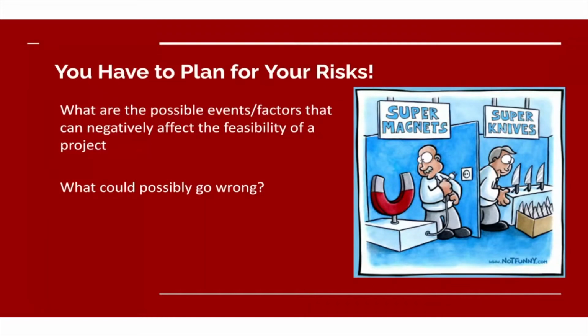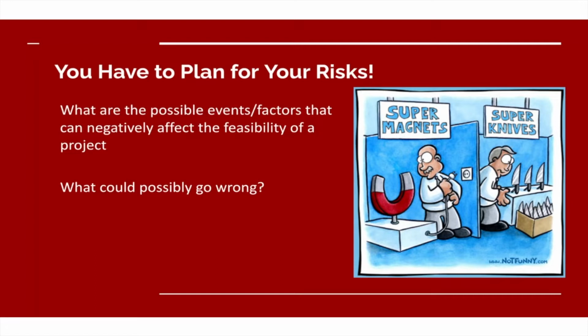So fundamentally, the takeaway from all that is you really need a plan to deal with the risks. If you're set up in a trade show selling magnets and the guy next to you is selling super knives, there is a certain degree of risk when you go to connect the two. Whenever we look at this, we need to look at it unemotionally and say, what are the possible things that can go wrong?